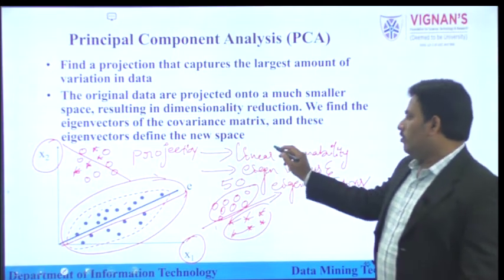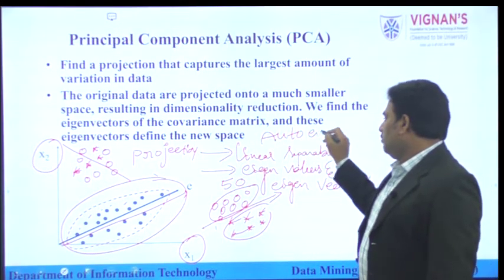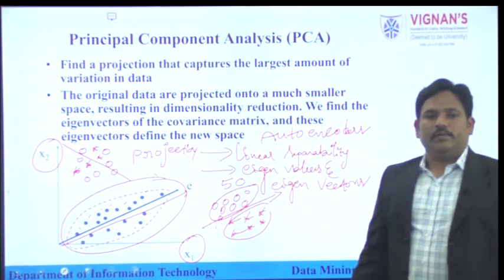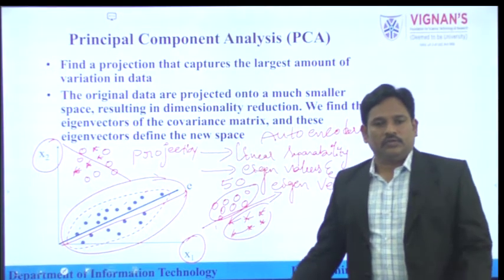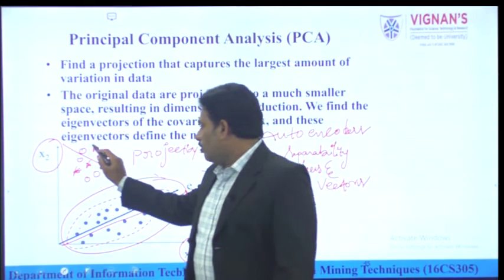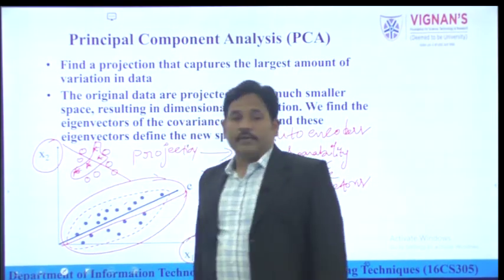The alternative techniques are autoencoders, which are not in the syllabus. Anyhow, for information, we can learn the name. By applying autoencoders, we can handle both linear and non-linear separable data. Here there is one option: we can draw a curve and separate them.